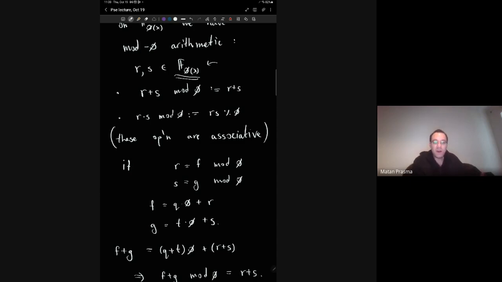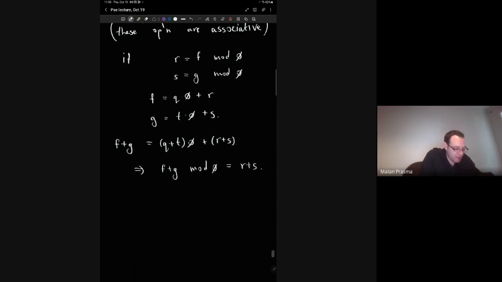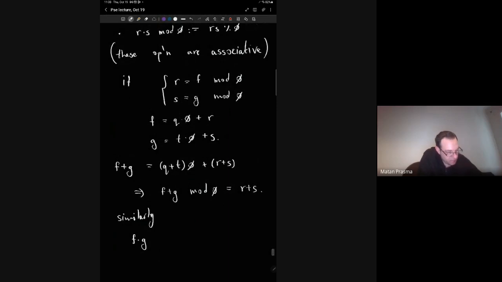I can do addition and multiplication modulo phi. You can see similarly that if you take F times G, F times G is going to be equal to R times S modulo phi.